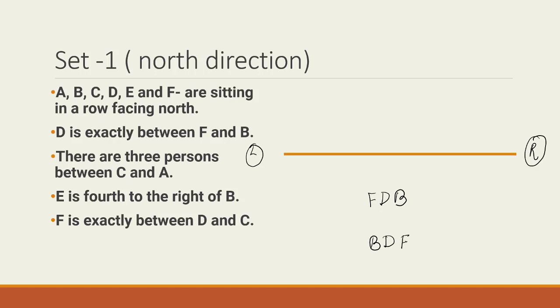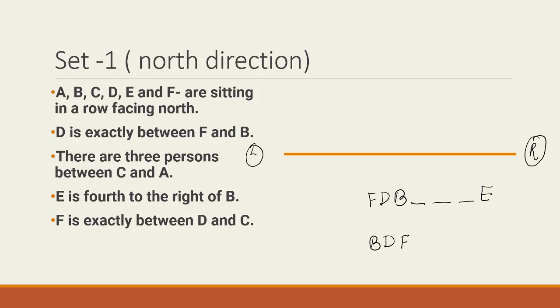So these are the two possible scenarios that can happen when I read this line. D is exactly between F and B. E is fourth to the right of B. When I place this information in this data, and I say E is fourth to the right of B, this is how this will be placed in the data.